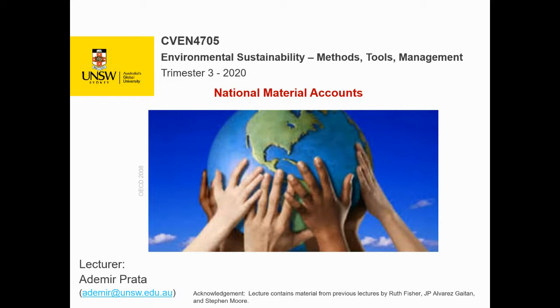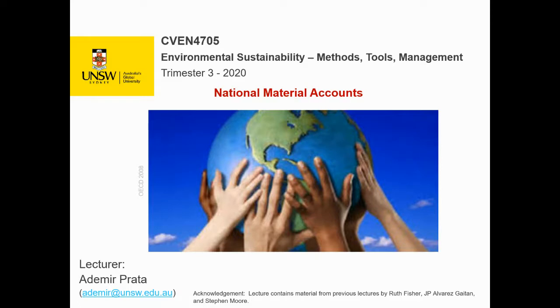So today we will be looking at national material accounts, which you will probably find have a lot of similarities with the several sustainability assessment methods. Each of them has its own characteristics and features, which are quite distinguishable.